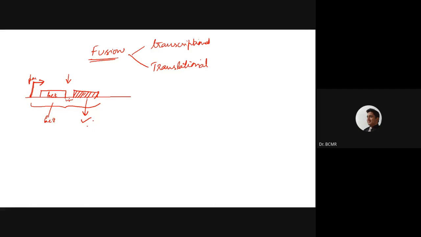These are called transcriptional fusions. Typically, what happens is that there is a vector. On the vector, you may have a small fragment of lacZ here, and the promoter might be there, PLac. These are transcriptional fusions, and this will be the multiple cloning site.